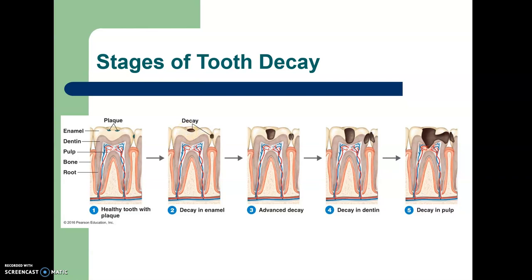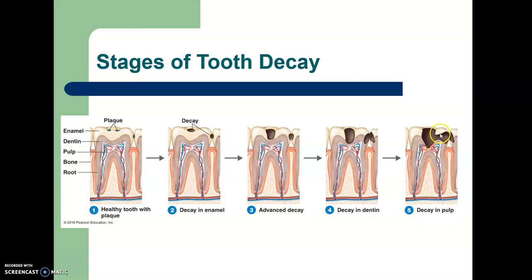So then if you let that go and you continue to do nothing about it, it just grows and grows. So you can see that the decay now has almost completely gone through all of the enamel. Then the next stage is when the decay starts to occur in the dentin. And then the final stage is when the decay ends up in the pulp.